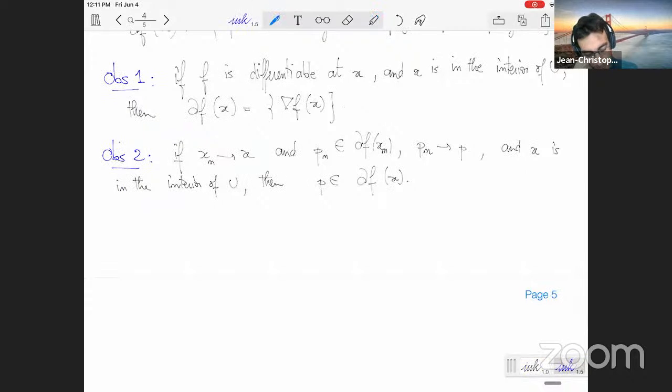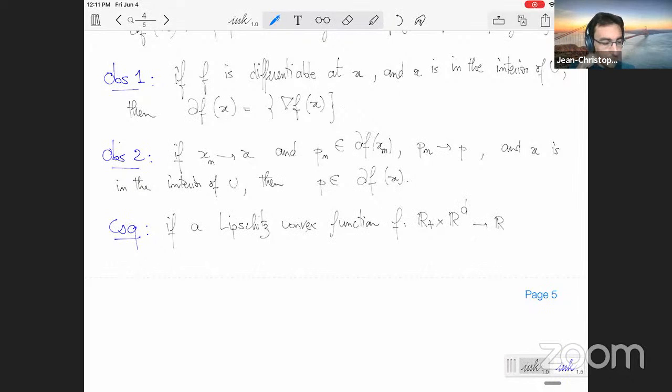And yeah, a consequence of this is that if I take a Lipschitz convex function, and this time I'm going to take it explicitly defined on R plus cross R^d with values in R, and if it satisfies the equation on a dense set, then in fact it satisfies the equation at every point of differentiability of f.